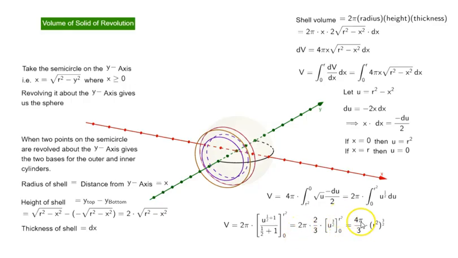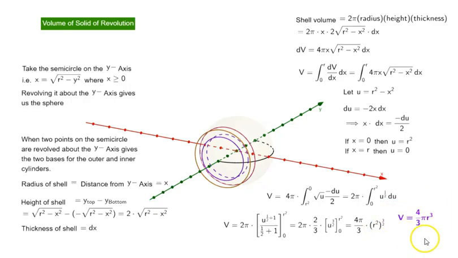So 2 times 2 is 4 pi by 3 times, when we substitute 0, it disappears, and we substitute r square to get r square to the power of 3 by 2. So 2 and 2 cancel out, and we are left with r cube, which means V is equal to 4 by 3 pi r cube.